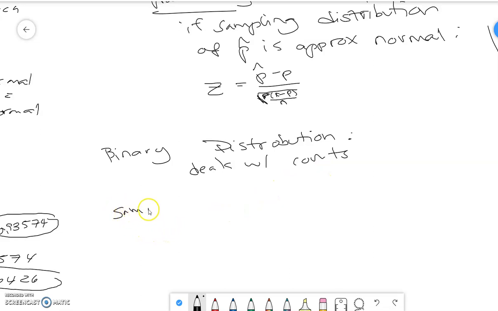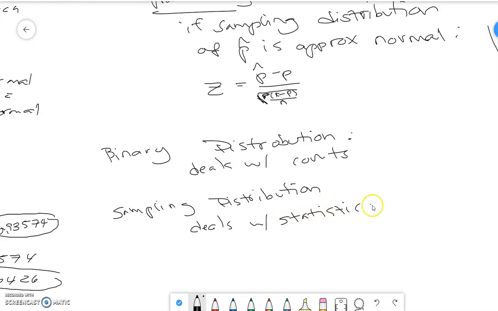My sampling distribution is going to deal more often with statistics and proportions. And that is 7.2.